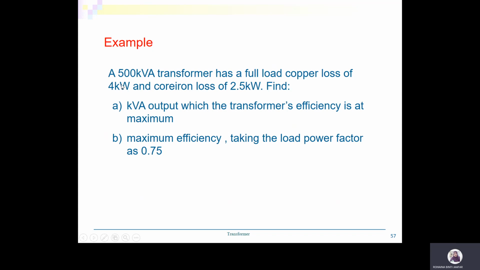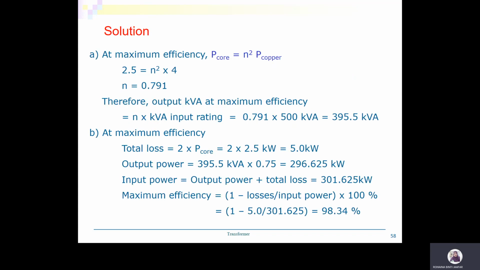This one is actually in kilo, but you can cancel it out, so that's why this solution neglects the kilo unit. So you will get N equal to 0.789. Therefore, the output kVA at maximum efficiency equals N times the kVA input rating.